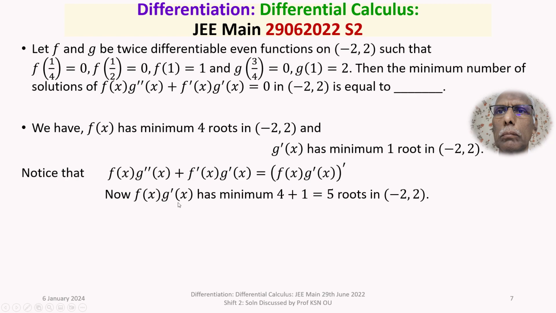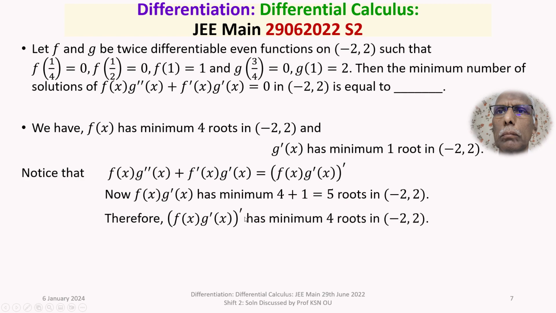But now we take that and take the derivative. Therefore, f of x, g prime x, whole prime. Again differentiate, then it will have a minimum of 5 minus 1, that is 4 roots. But this is the same as f of x into g double prime x plus f prime x multiplied by g prime x.